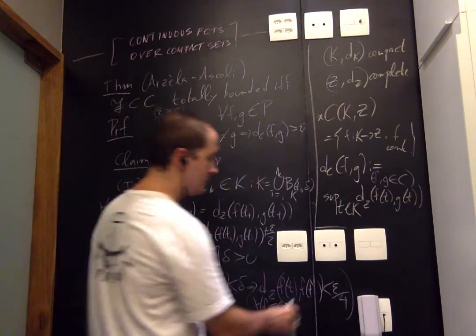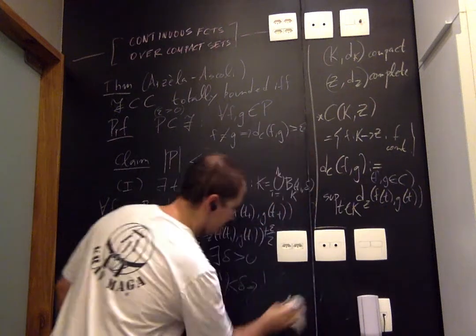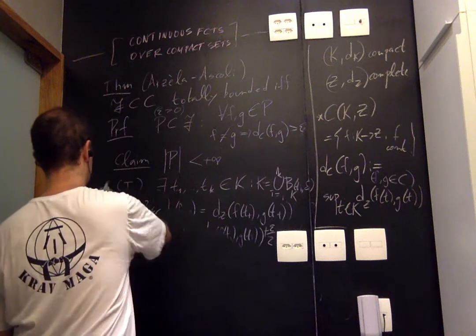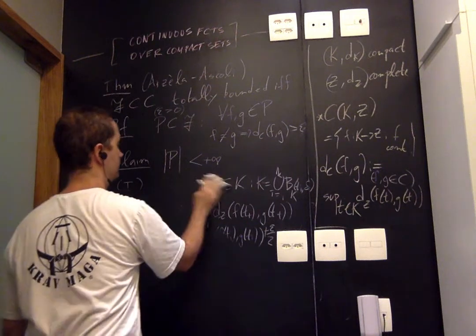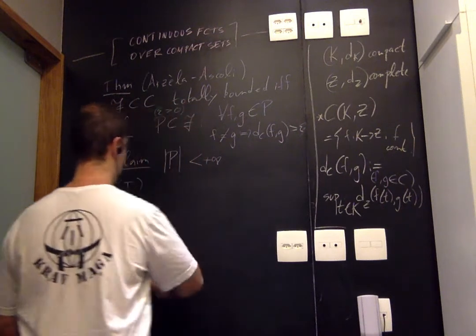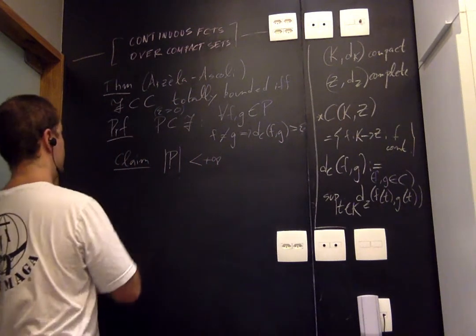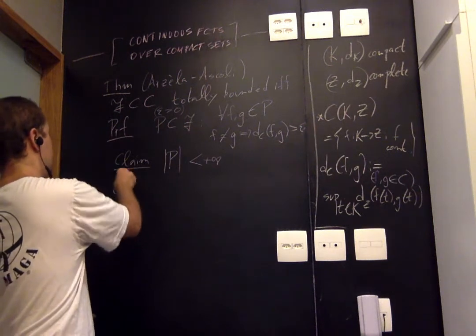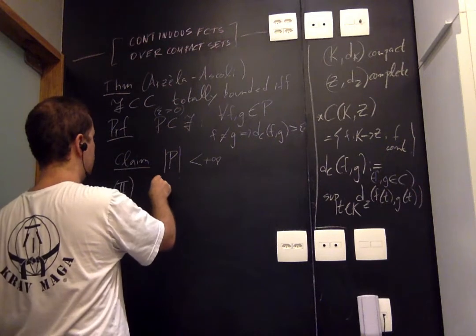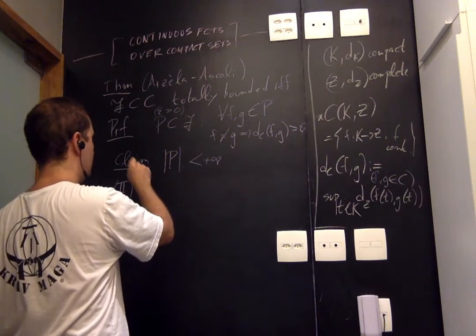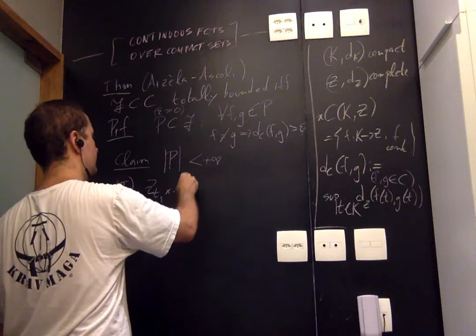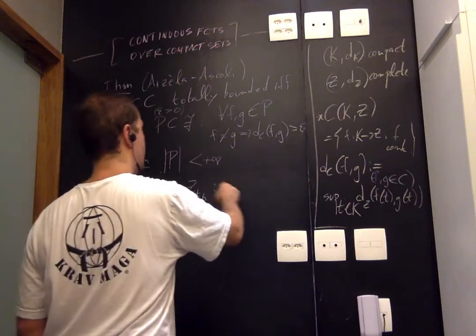Okay. And now I'm going to do step 2. So I'm going to define the space, and here I put a metric.